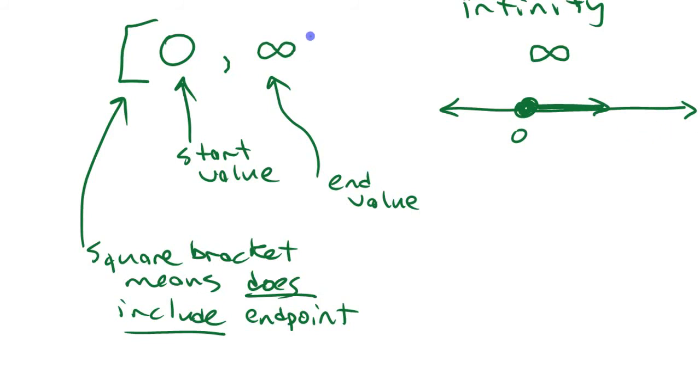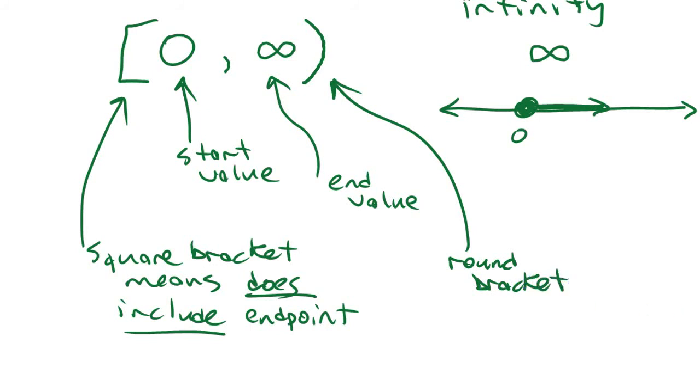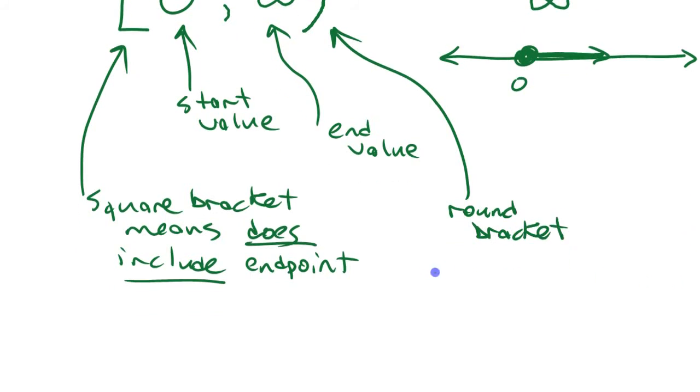So when you write interval notation, you put a round bracket if it doesn't include that. Infinity is not a point that you can include. So we're going to put here a round bracket. I know one's called a parenthesis and one's called a bracket, but I'm just going to say round bracket, square bracket. Round bracket means doesn't include endpoint.